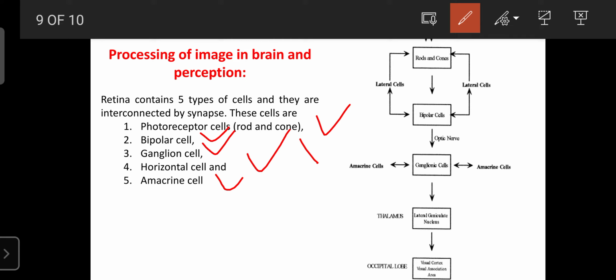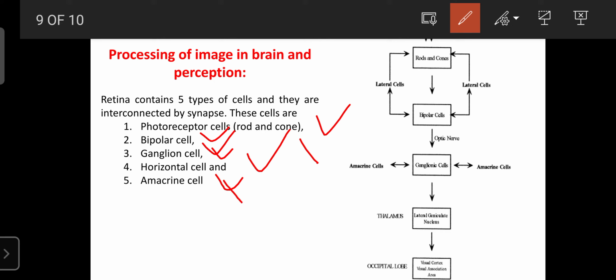These photoreceptor cells convert the image into impulses, and those impulses are carried by the ganglion cells with the help of the optic nerve, and the ganglion cells also carry the impulses regarding image recognition from the horizontal cells and amacrine cells.